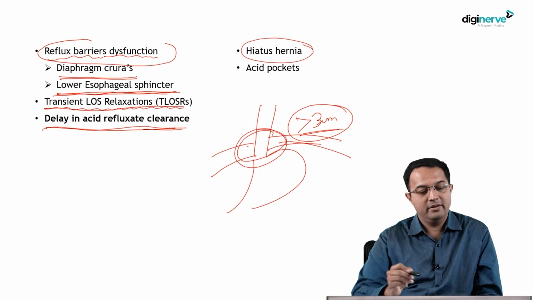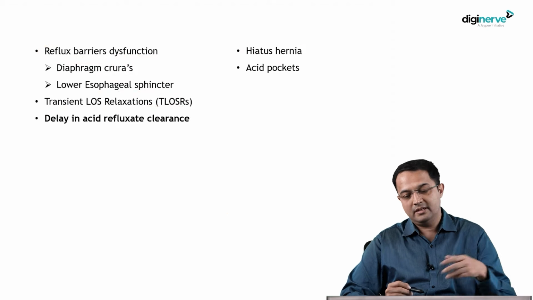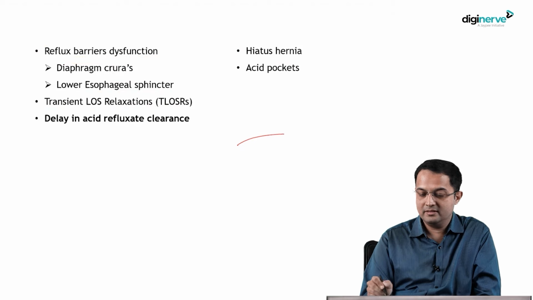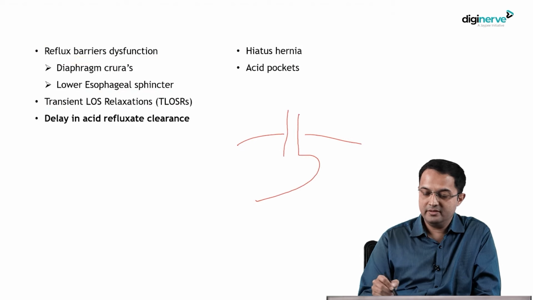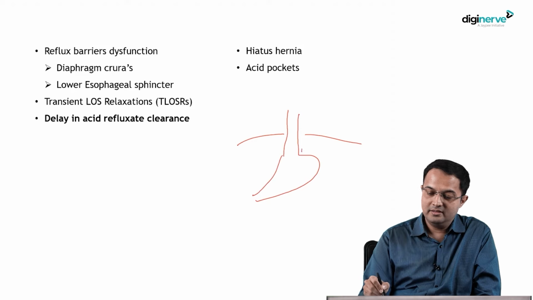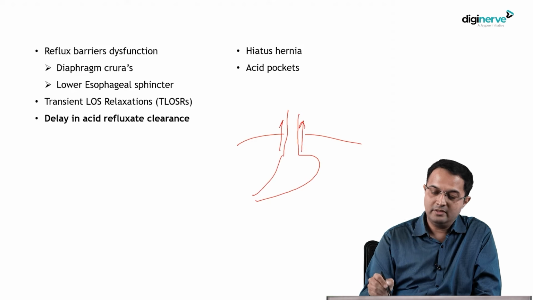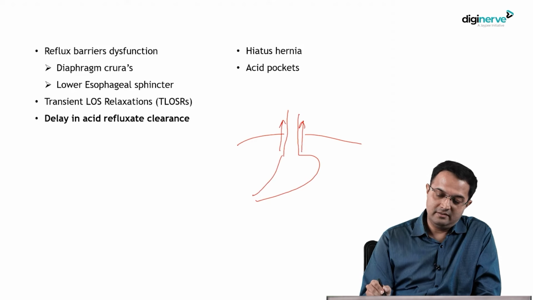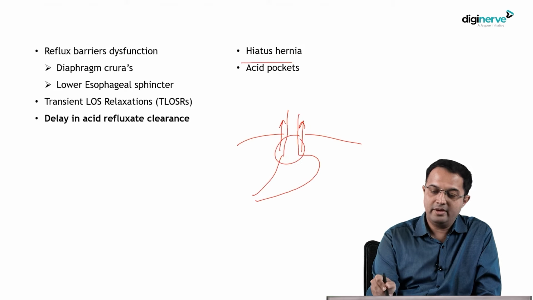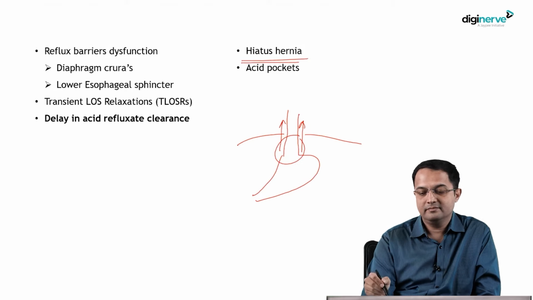Hiatus hernia, many of the patients will have hiatus hernia. What is hiatus hernia? This is the diaphragm, and this is the esophagus. Through the hiatus, things are going to go up, the migration of the gastroesophageal junction upwards. That's when you are going to have hiatus hernia, and it will predispose to GERD.